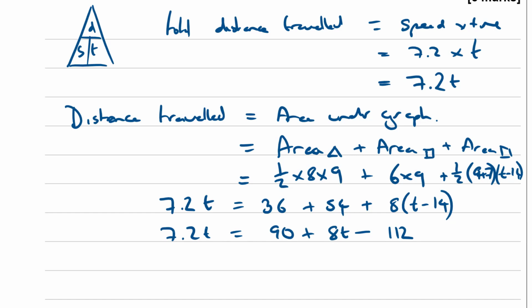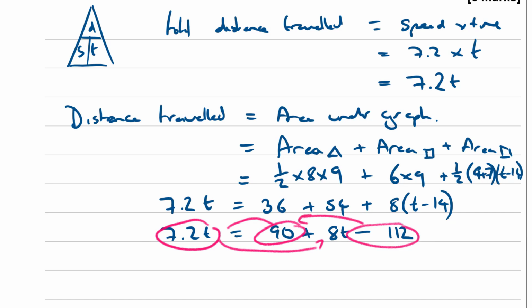Now rearranging, so I've got all the t's on one side and all the numbers on the other. I think it would be easier to collect t's on the right, keep it positive, and then numbers go to the left then. So I'm going to get 112 minus 90 equals 8t minus 7.2t.